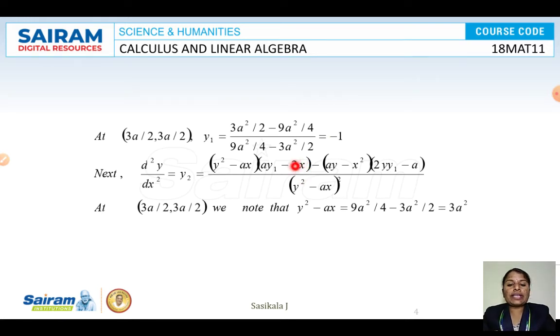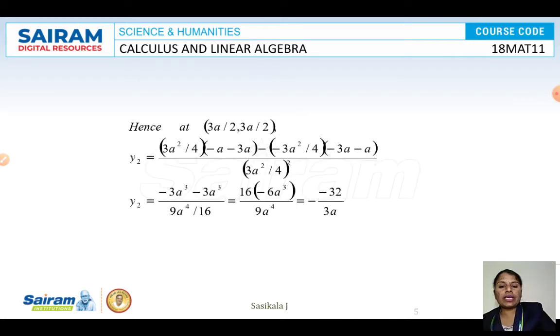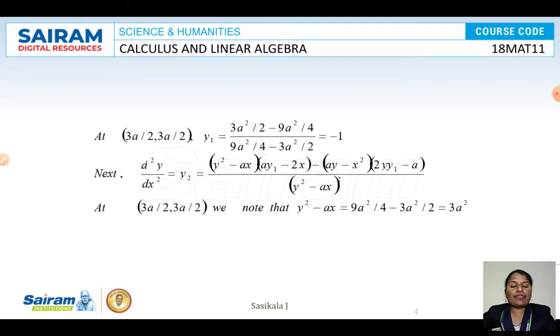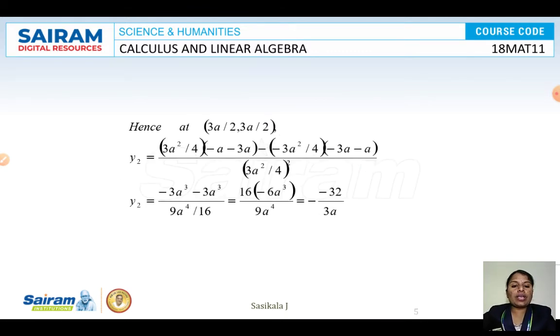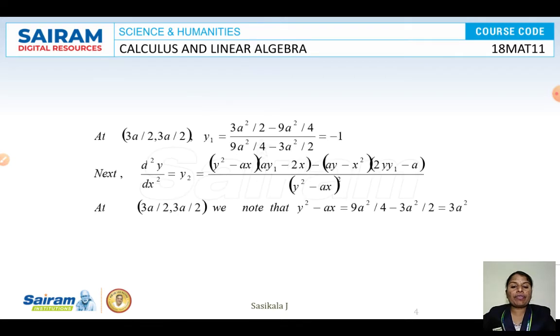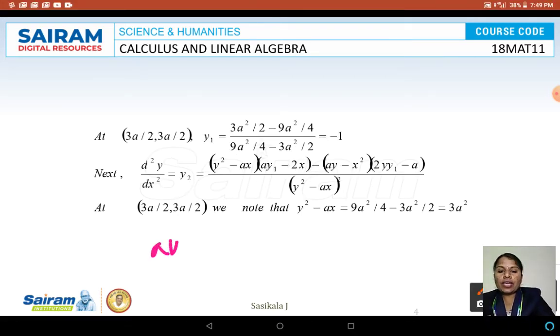Okay, 2 will get cancelled, a minus 3a will go for minus 4a, and again ay minus x squared also, it is having 3a squared. Here you will have minus 3a squared by 4 because of the x squared term. Okay, and the next one also it will be minus 3a minus a. So if you need, we can write it separately also. What is that? You have ay minus x squared. What is that?